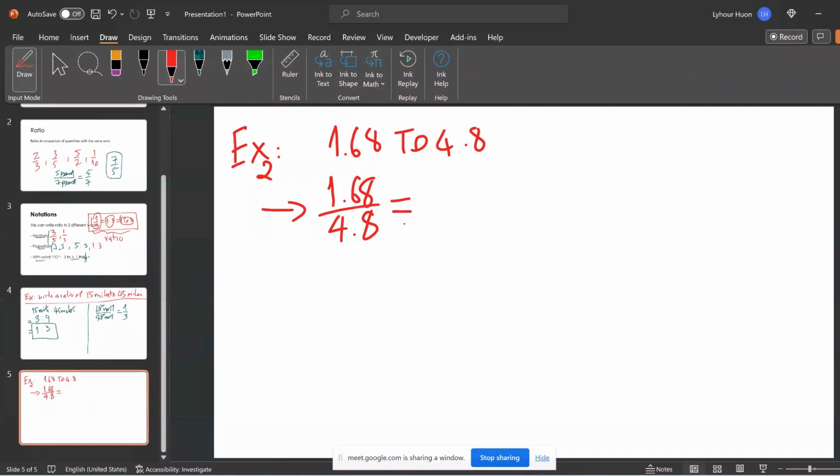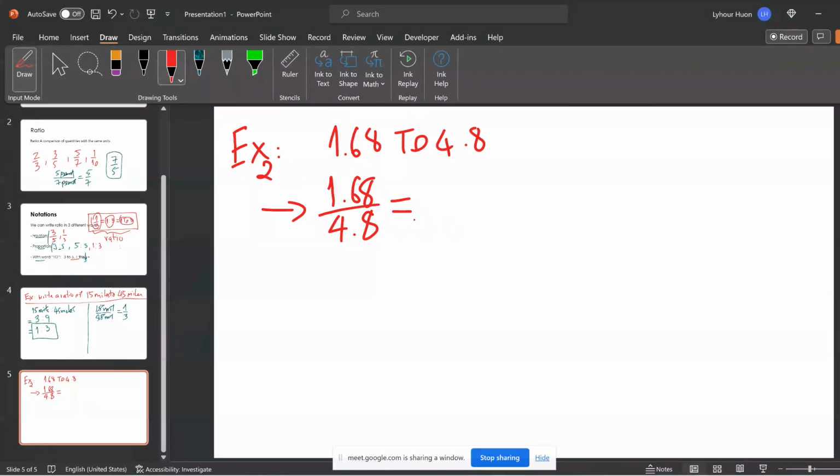Yeah, simplify with the 4. But before we simplify, when we have a fraction with decimal numbers in both the numerator and the denominator, what should we do first? We should get rid of the decimals first.